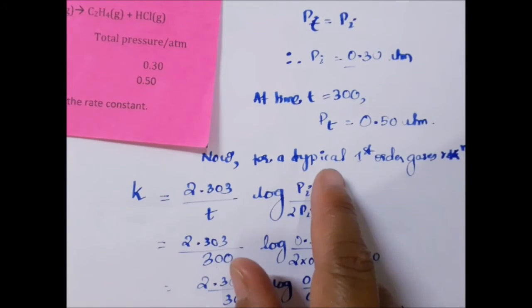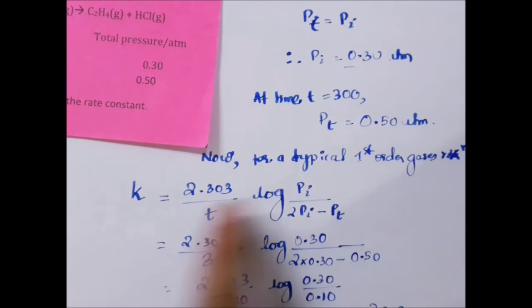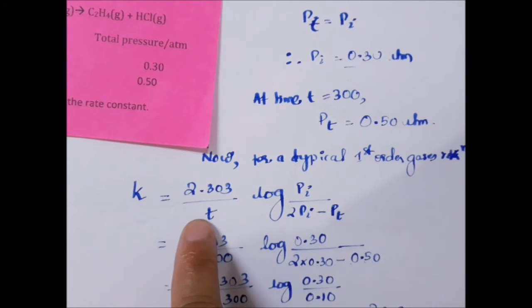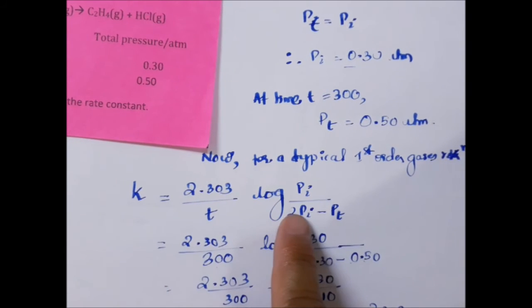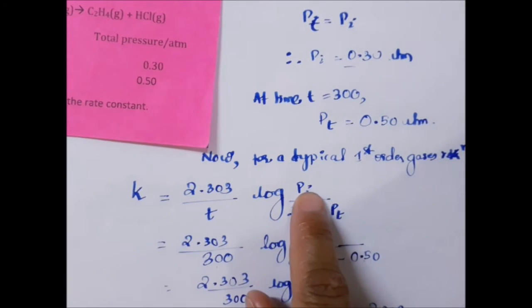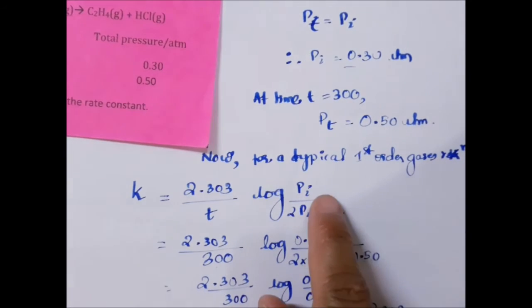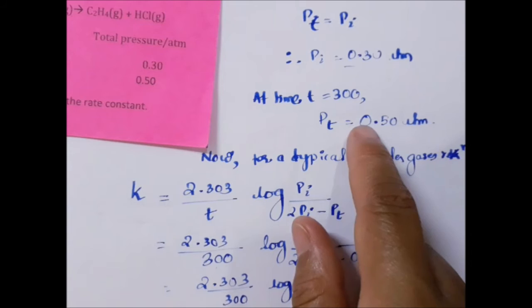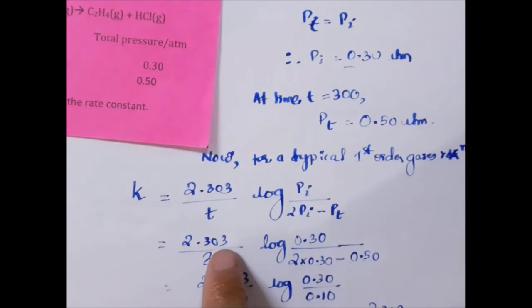Now for a typical first order gaseous reaction, K is equal to 2.303 by t log Pi divided by 2Pi minus PT. Here Pi is 0.30 and PT is 0.50 at time 300.